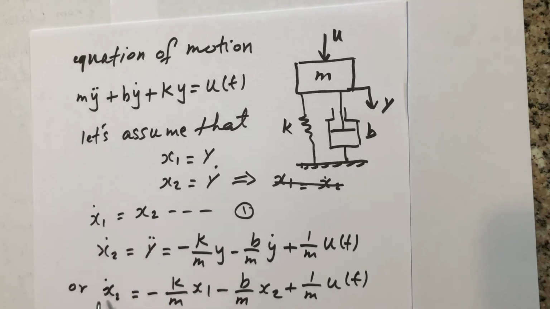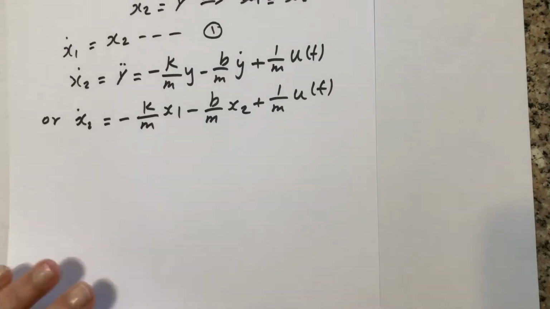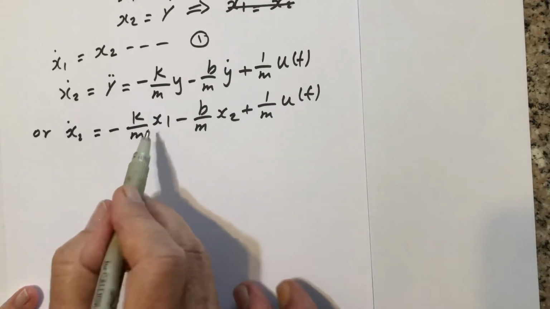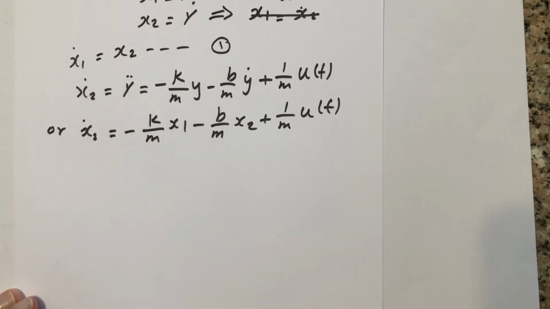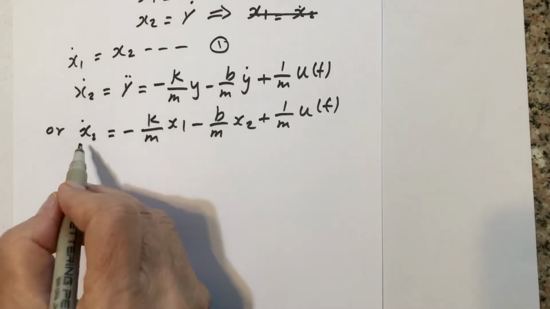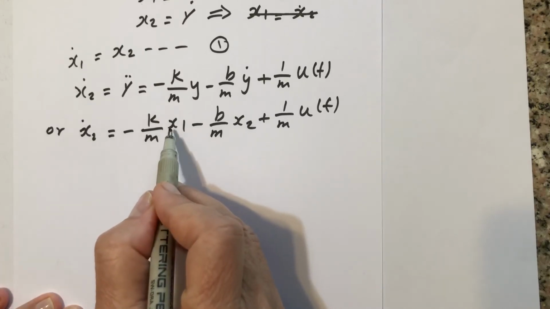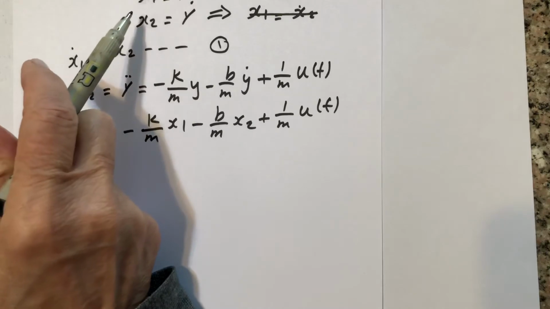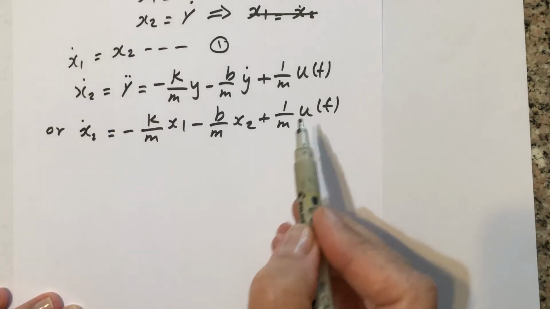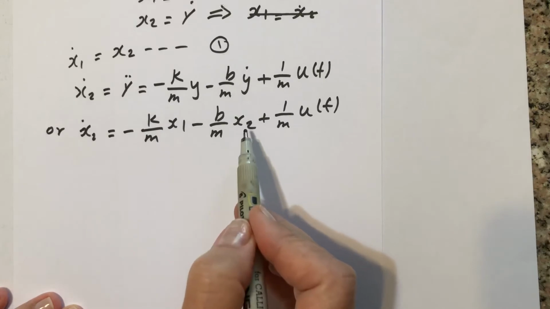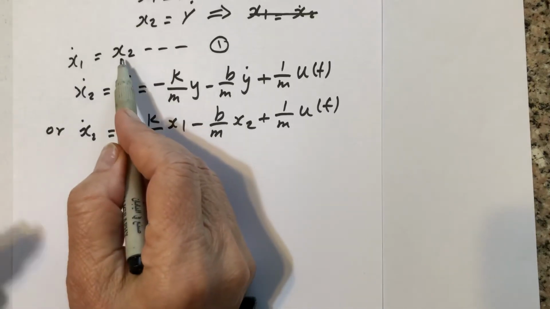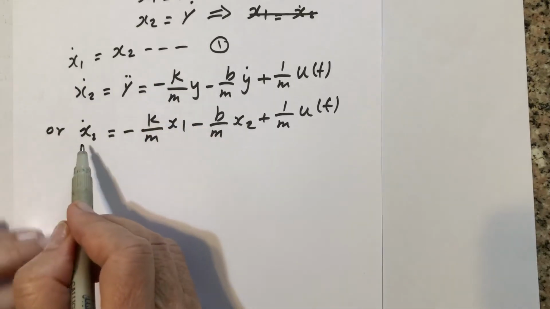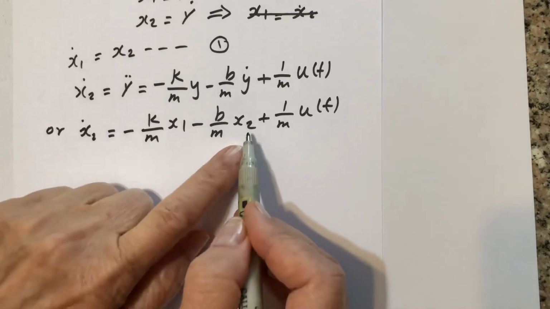Here we'll have the derivative, so x2 dot will have the states x1 and x2, which we assumed here, and it will have the input, and the parameters of the system, nothing else. So if you have x1 dot here, you will have either x1 and x2 and the input. Same thing here, we have x2 dot, we have x1, x2 and the input.